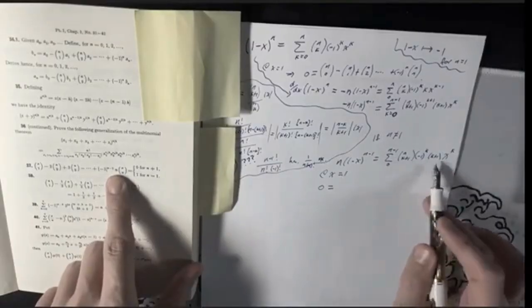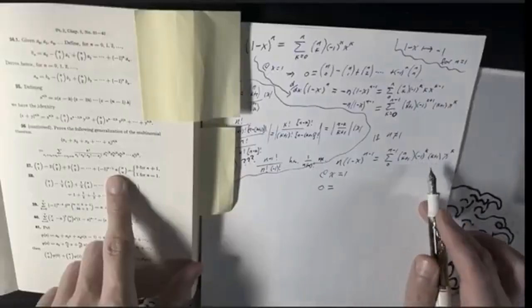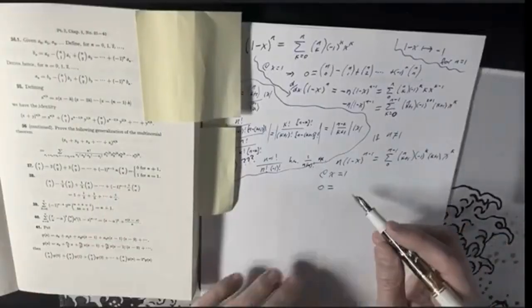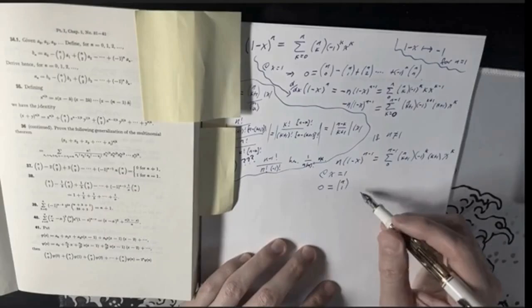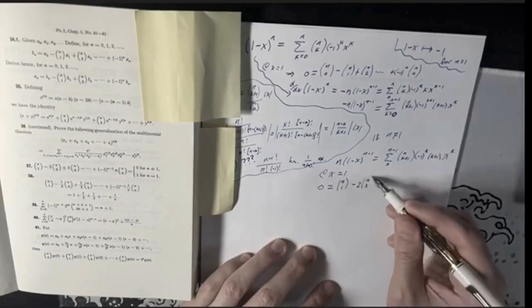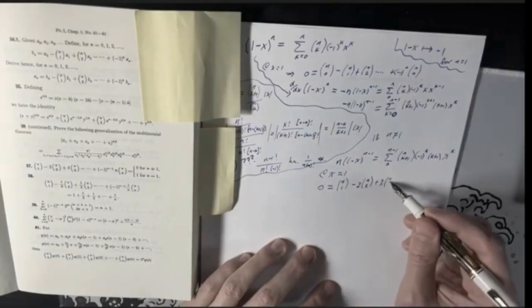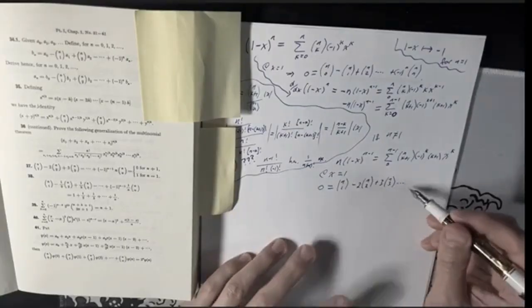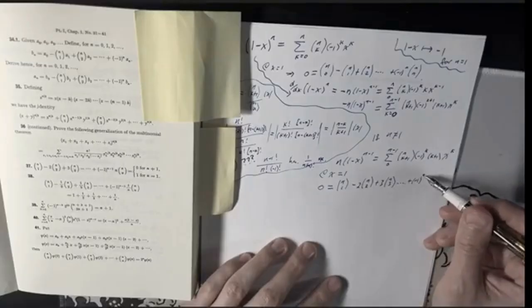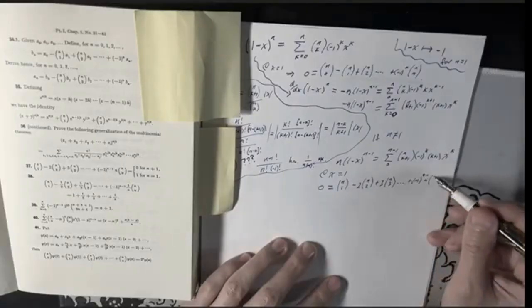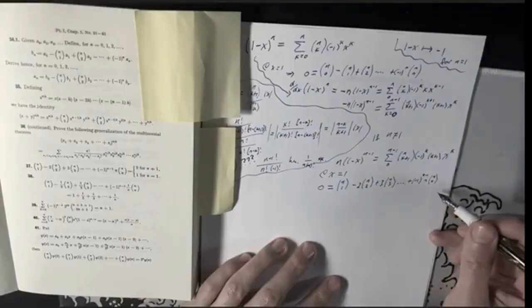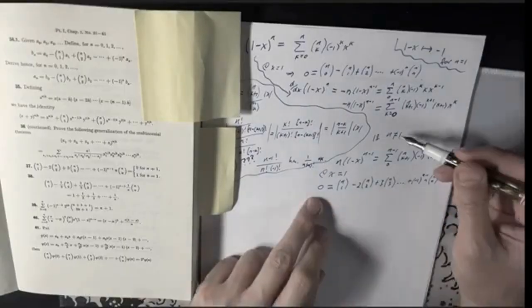You can see that matches up at n minus 1. So we do get this, the formula that we're trying to prove here. So we get 0 if it's not equal to 1.